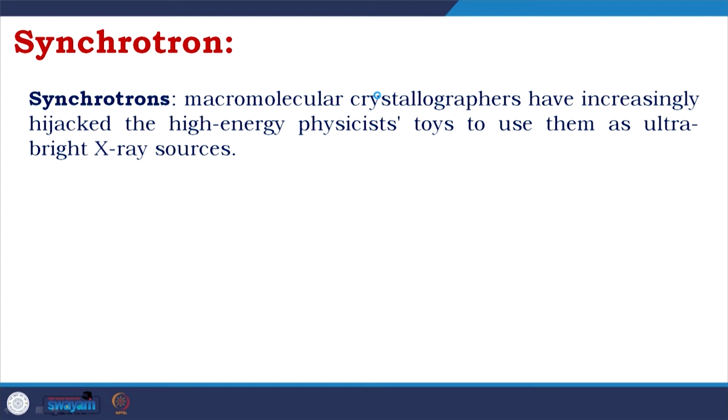Before, the data used to be collected at a synchrotron, and now synchrotrons are becoming more and more useful to crystallographers. It is said that macromolecular crystallographers have increasingly hijacked the high energy physicists' toys to use them as ultra bright X-ray sources.